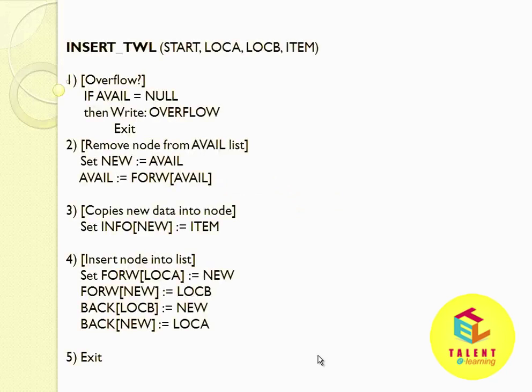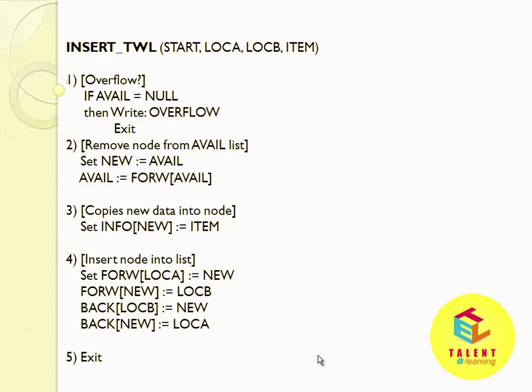The first one, insert TWL. It has four parameters: start, location A, location B and item. This algorithm inserts an item between the address of location A and location B. Step 1. Check for overflow.